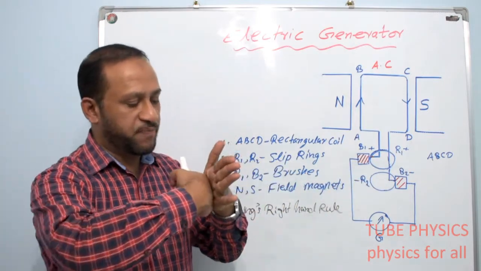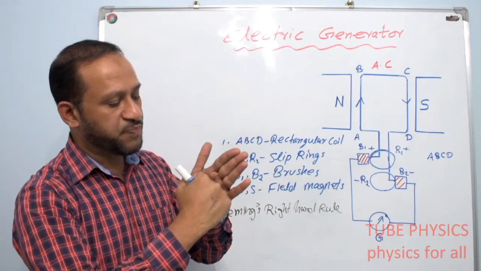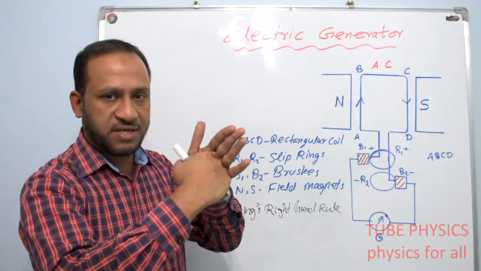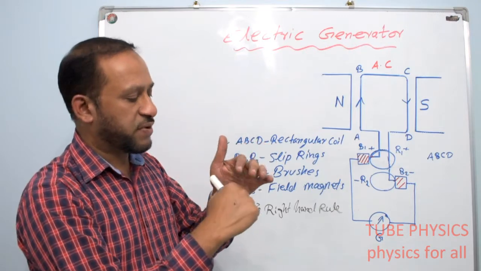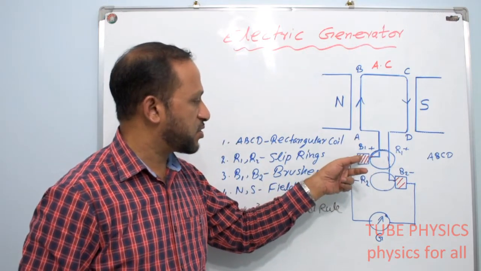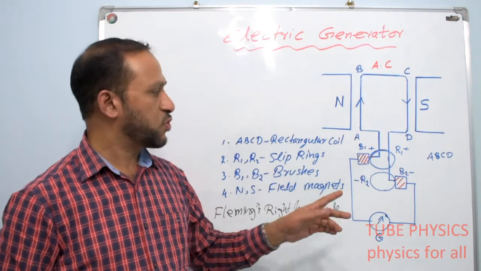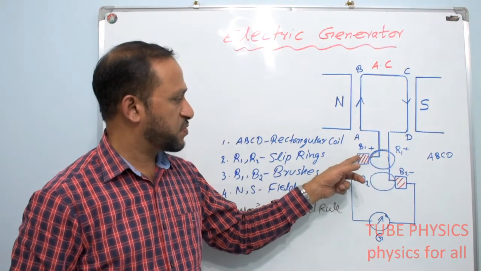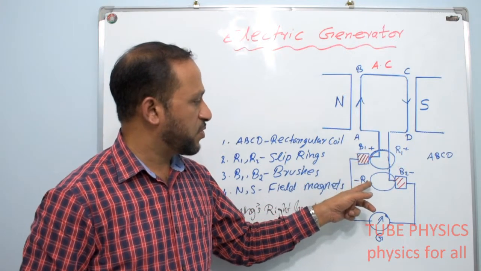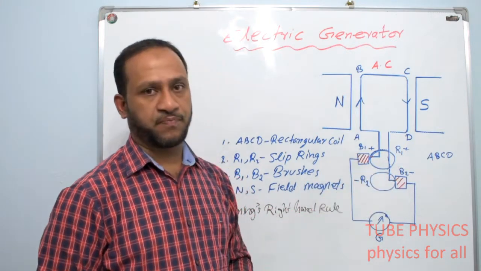When the ring rotates, the brushes will be pressing against it, and it is not a permanent fixed contact, so it will always be slipping on the brushes, so that from the rings we can take the current to the outer circuit. So R1 will always be in contact with the brush B1, and R2 will always be in contact with the brush B2.